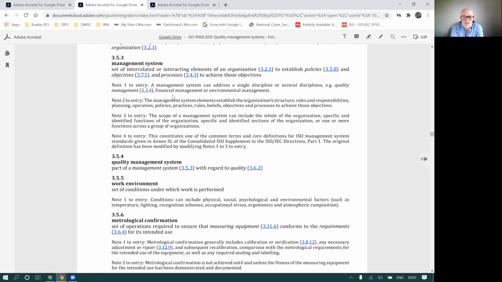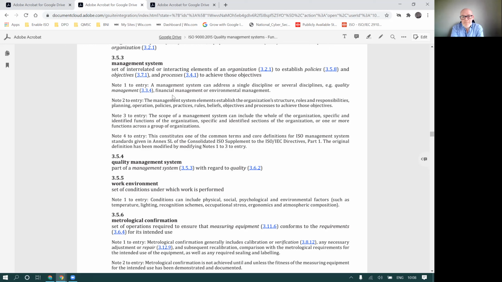And I think most of you reading this and viewing this would expect to see all of those stipulations made. Note 3 to me is important because it says here that we can include the whole of the organization, specific and identified functions of an organization, or specific and identified sections of the organization. It goes further, one or more functions across a group of organizations. So I mentioned that in my preamble.